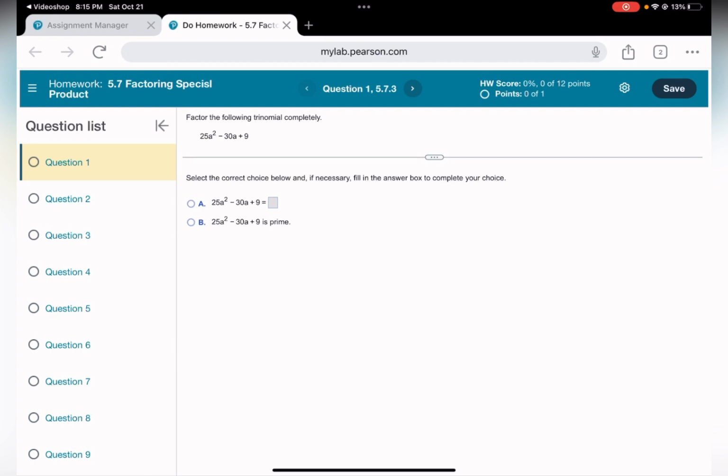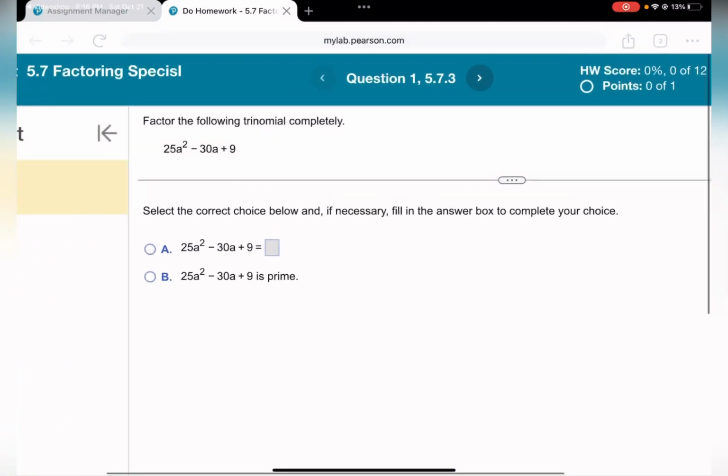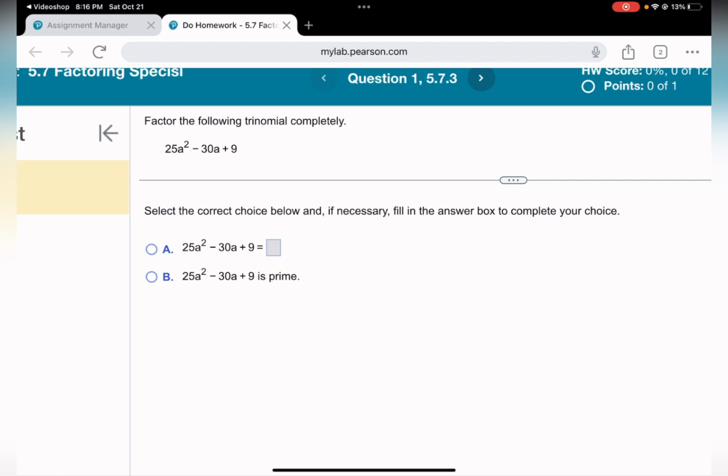Okay, we are going to work on homework 5.7, factoring special product. So, first one, what do we have here? 25a squared minus 30a plus 9.